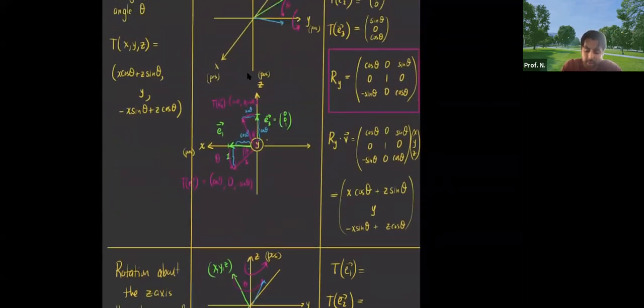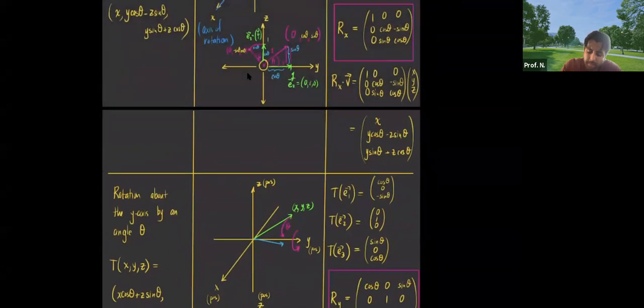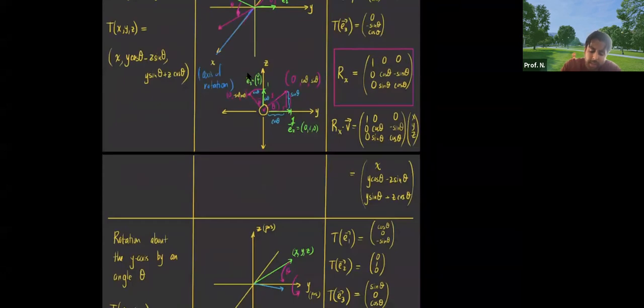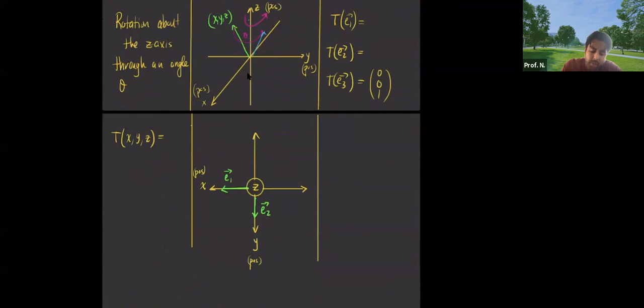And if you notice for the rotation matrices, that always appears. If you rotate about the x-axis, you just leave it as 1, 0, 0, E1. If you rotate about the y-axis, then the second column will be 0, 1, 0, which represents E2. And for the z-axis, it's the same idea. You get 0, 0, 1 for the third column.